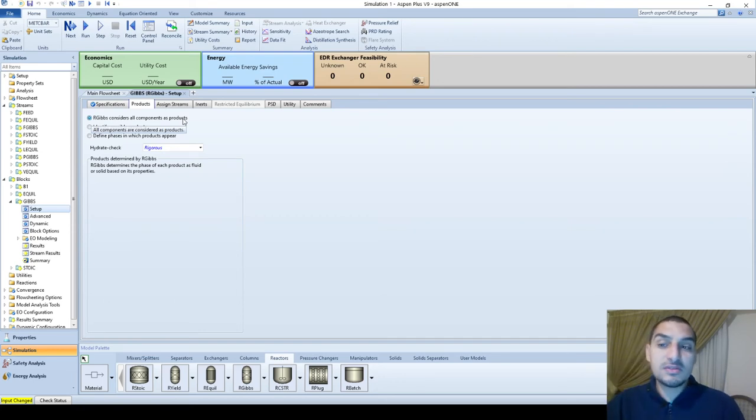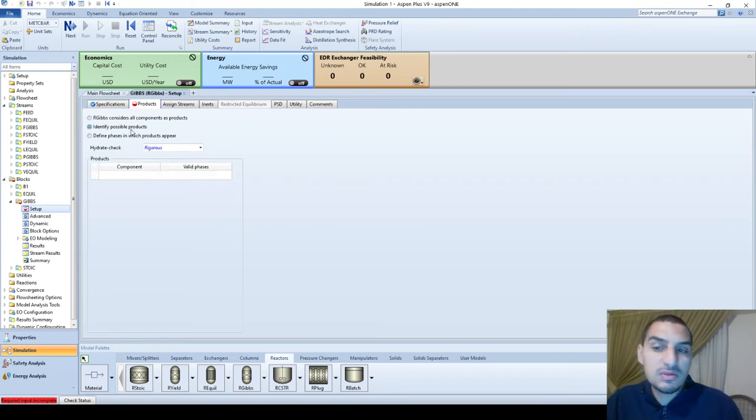All the components, what I mean is the components that I defined in the properties environment, what we do in the very first step after starting the file. Or you can identify the products. You tell it not all, because you might have a very big flow sheet with a lot of streams with different components, and not all of them are included in the reactor. So you can specify which should be coming out of the reactor.